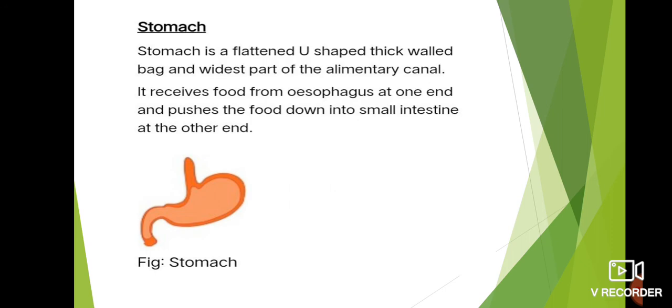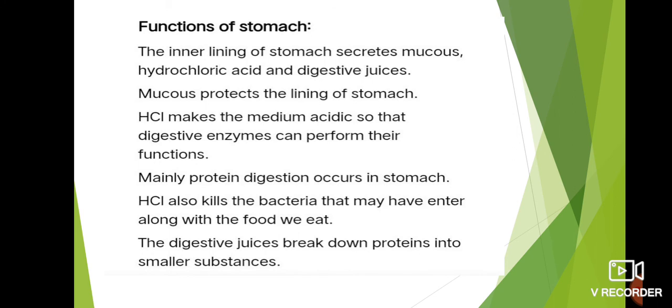Next is the stomach. It is a flattened U-shaped thick-walled bag and the widest part of the alimentary canal. It receives food from the esophagus at one end and pushes the food down into the small intestine at the other end. Functions of the stomach. The inner lining of the stomach secretes mucus, hydrochloric acid and digestive juice. Mucus protects the lining of the stomach.